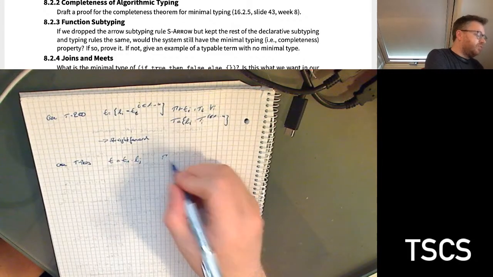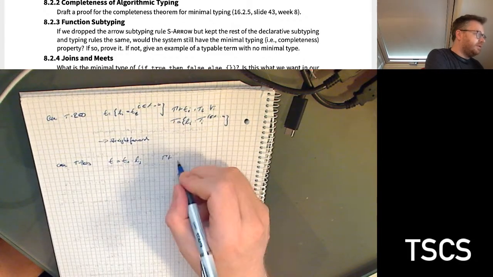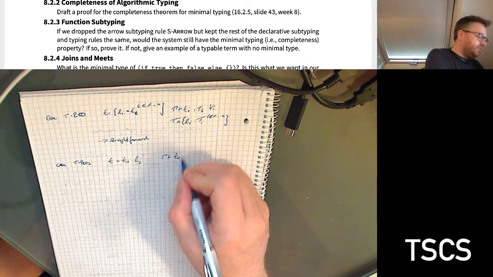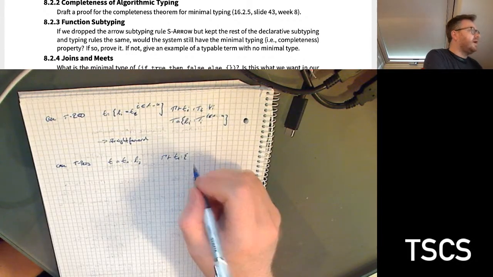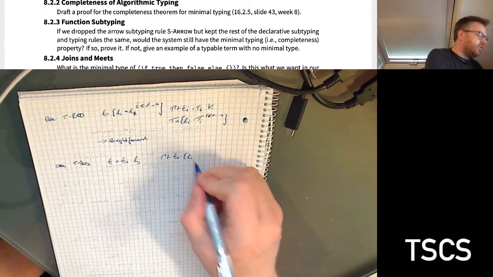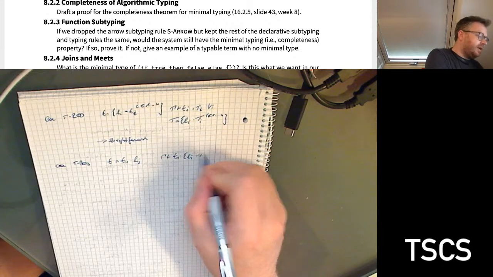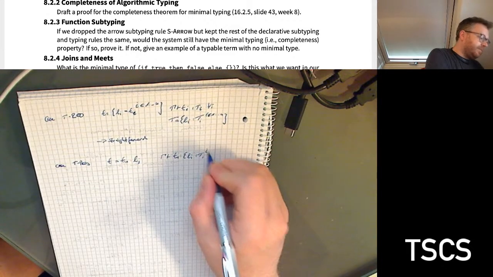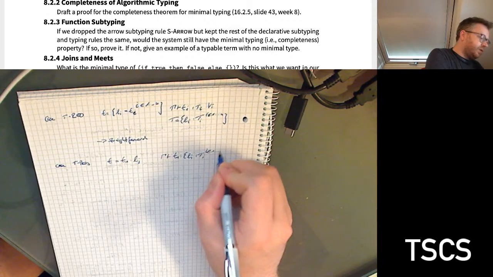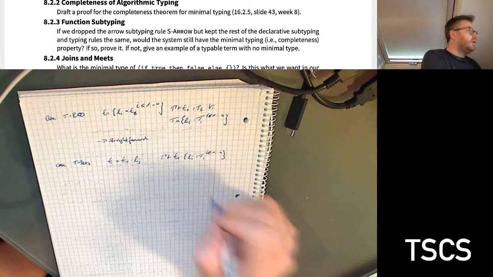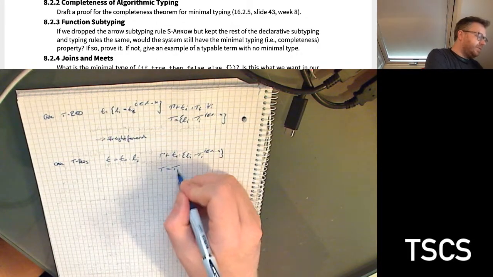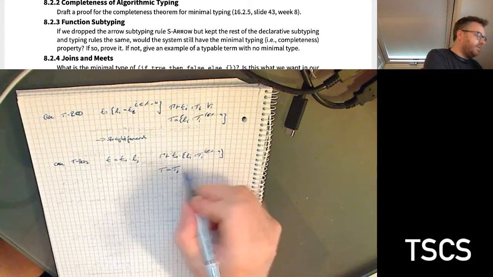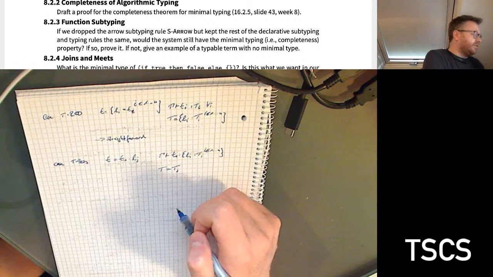And we know from the rule that under the assumptions of gamma, t1 is typed as a record, so a record type l_i t_i, i going from 1 to n, and the whole term must then be the jth type here in the record.